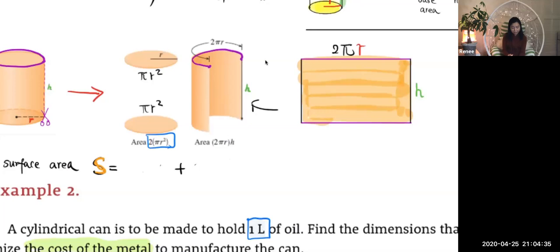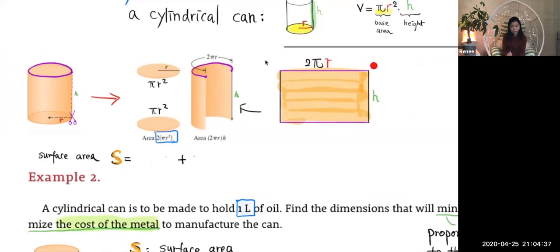For this rectangle, the length is equal to the circumference of the circle. The radius is r, and the circumference of a circle is 2 pi r. The width of this rectangle is the height, so it is h.